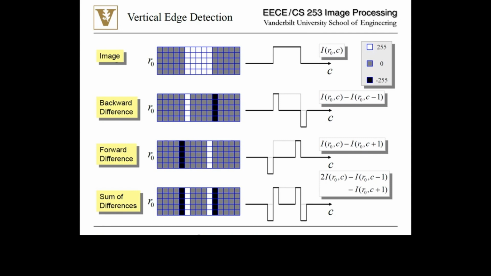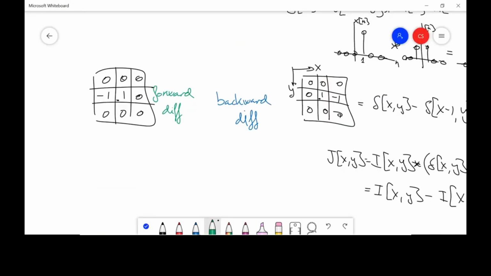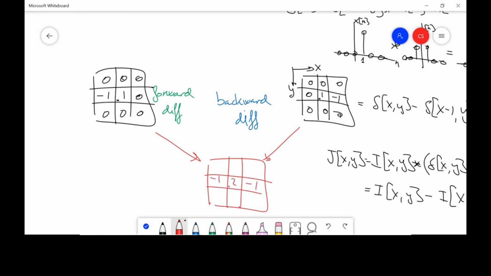And why not having both? Why not designing a kernel that is the addition of the two? So I take this kernel, add them, and then I construct a new kernel. And this new kernel will have 2, minus 1, minus 1, 0, 0, 0.